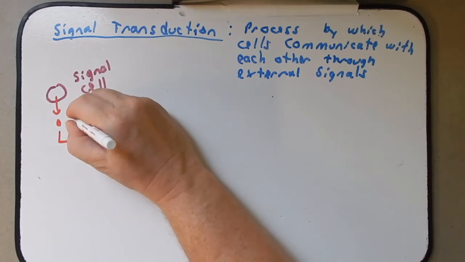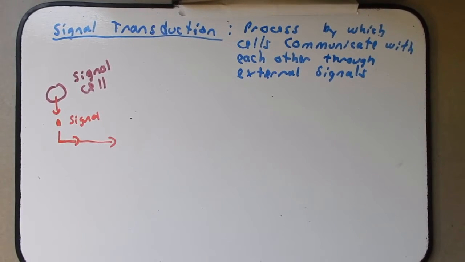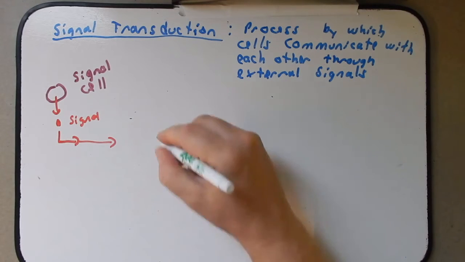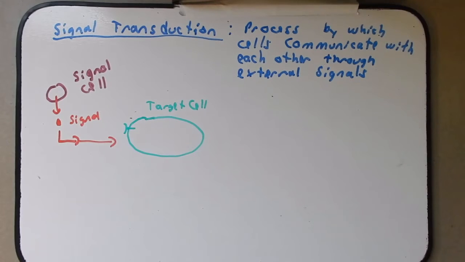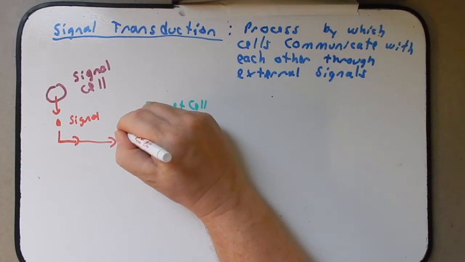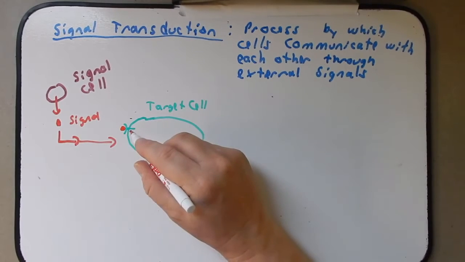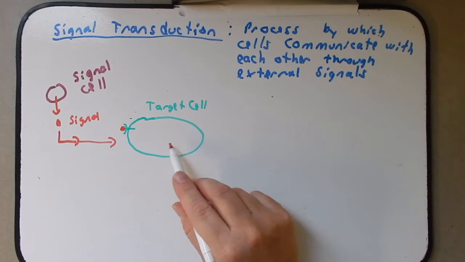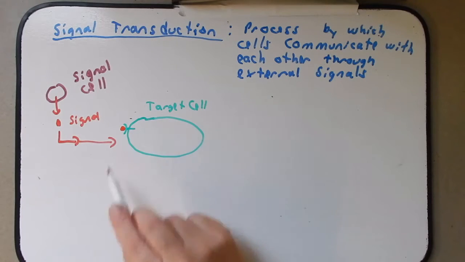And this signal, so let's label that signal, will move to a target cell. And that target cell may have a receptor on the outside of the cell. We'll talk later how these receptors can be on the inside, but we're just talking about a general pathway right now. So it's going to bind to the outside of the cell.